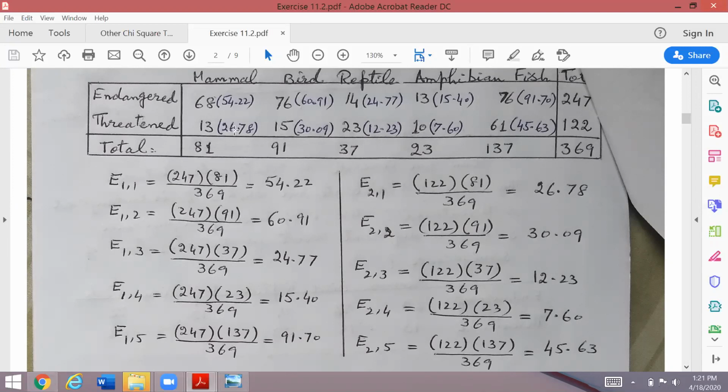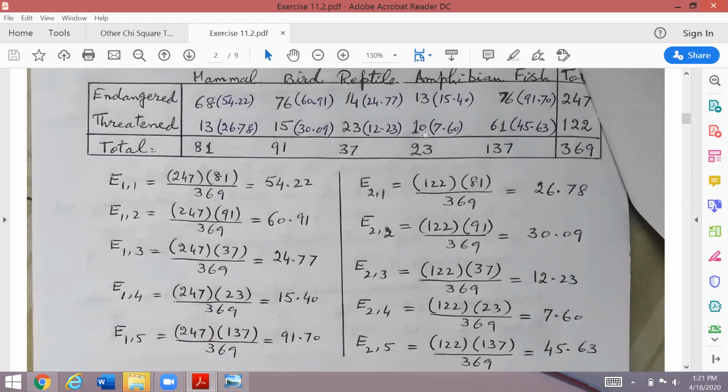So my advice is that in front of every observed value, whatever the expected values, these are the 10 expected values you have calculated, keep on writing. Now this element is at first row and second column. Look, this is the expected value for first row, second column. Put it in the bracket. Now I talk about this one. This is in your second row and fourth column, amphibians.